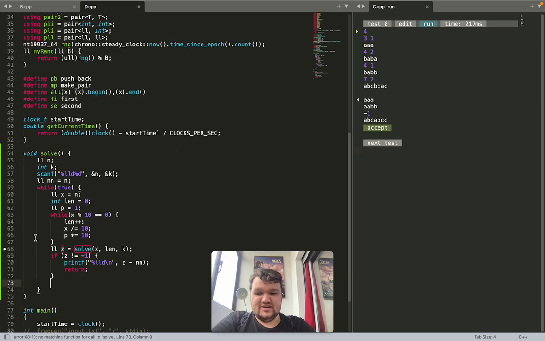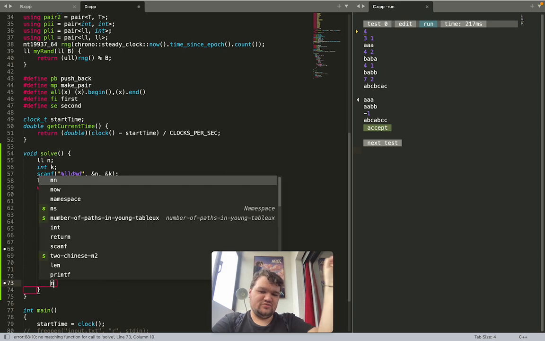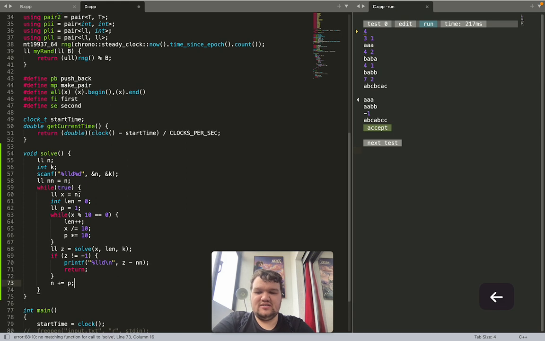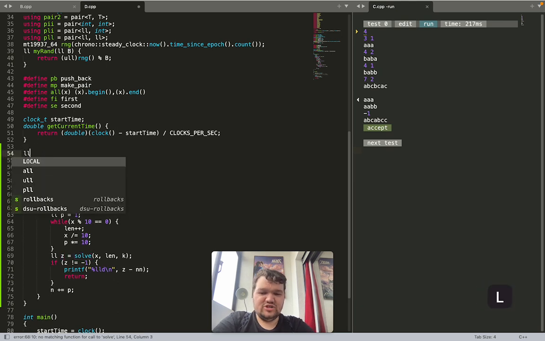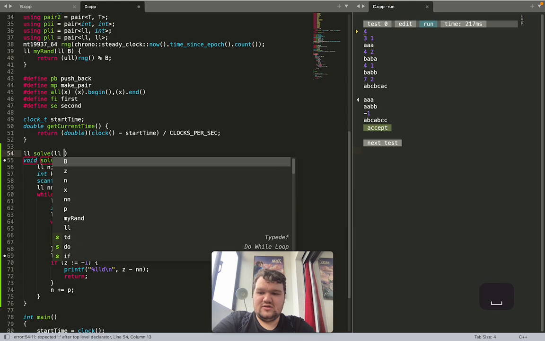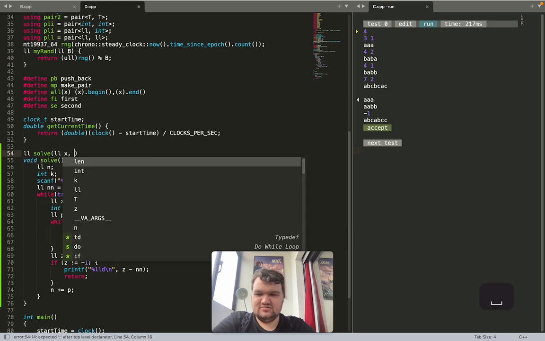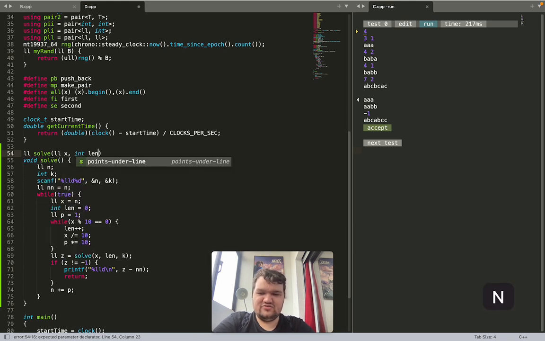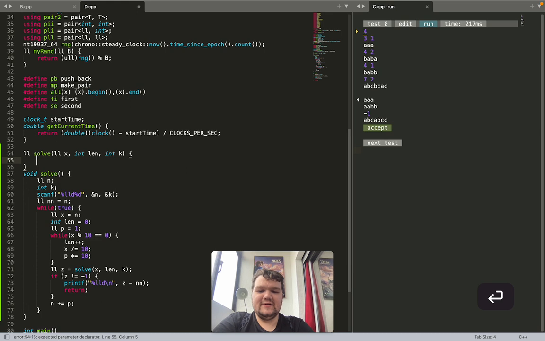And if I continue, I should jump to after the end of my segment, which is done by adding this power of 10, the length of the segment, to the current left border. So that's pretty much it, except I need to write the solve function, but that's really simple.